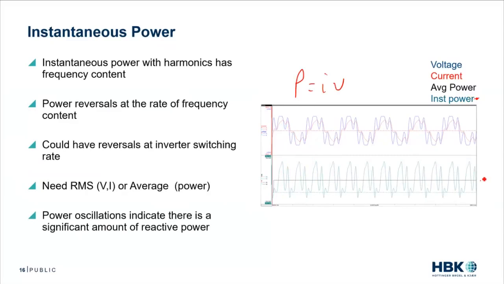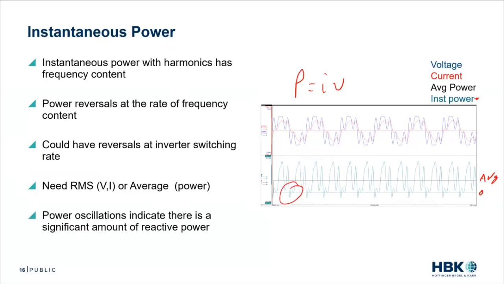And in the black, I have my average, and down here I have my zero. And we can see that we get a lot of oscillation in that power. And if we remember the definition of reactive power, it's that oscillation in power. So we see that oscillation, and we have, again, that negative power. Here's our reactive element, that positive negative counterpart.